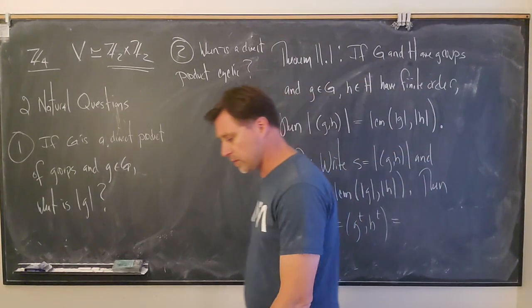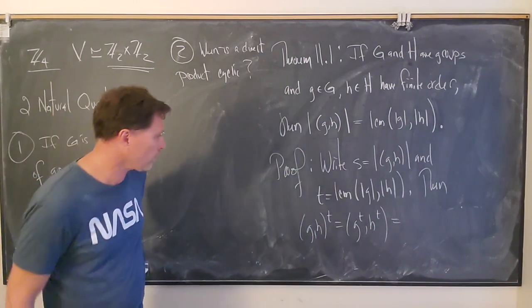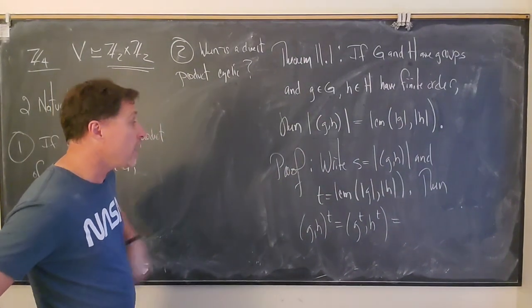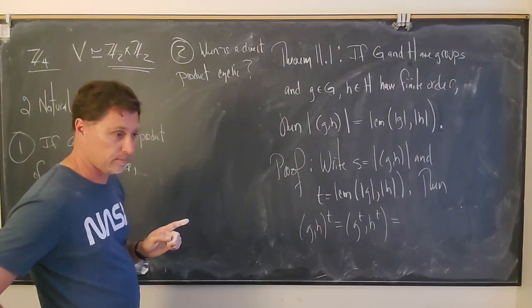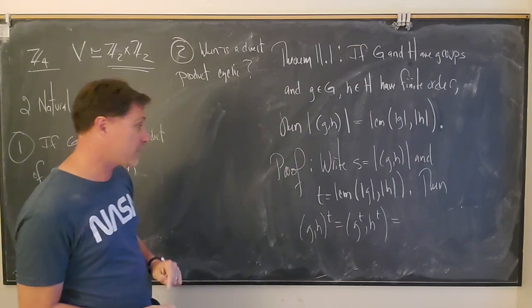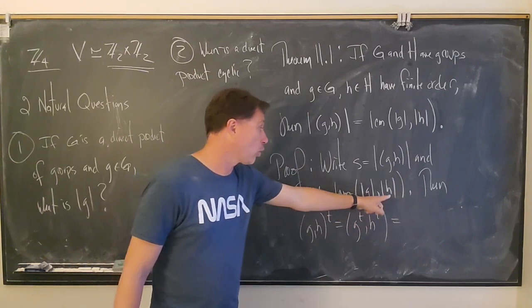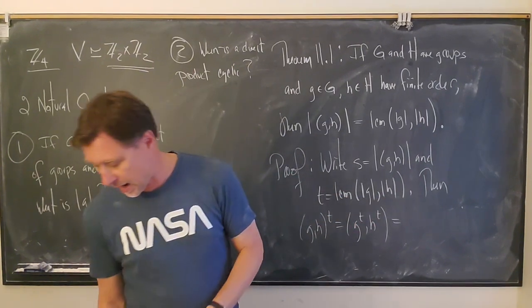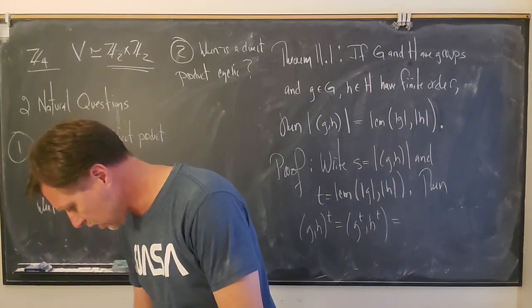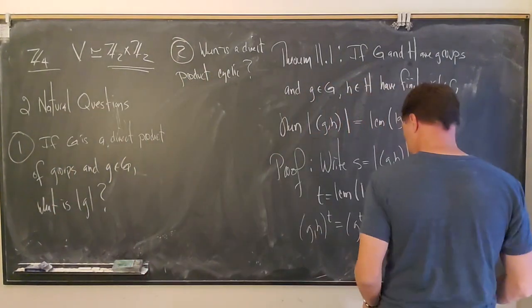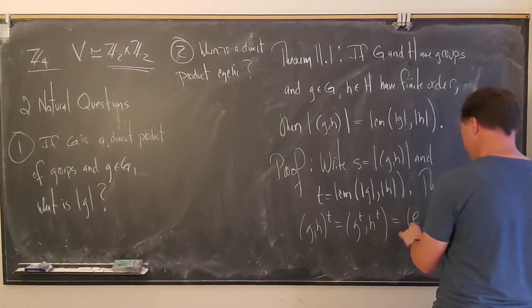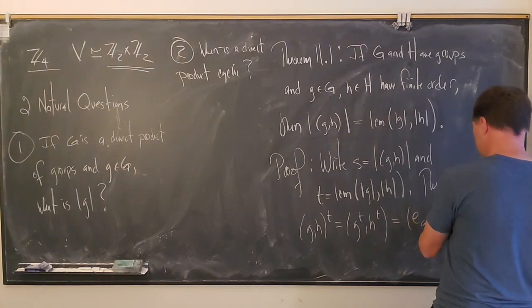And so now what do we know? Well, t is a multiple of the order of g, which means that g raised to the t has to be the identity. Same thing, t is a multiple of the order of h, which means that h to the t has to be the identity. So this is equal to (e sub G, e sub H).